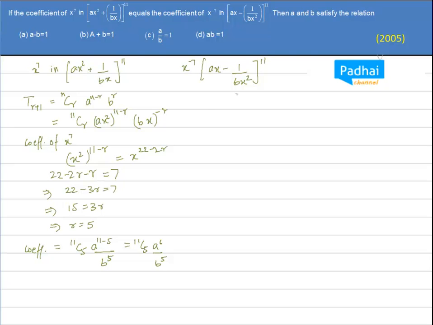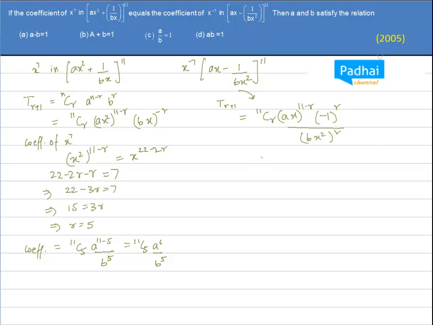Now the same step has to be done in this case. So what will be the (r+1)th term? The (r+1)th term in this case will be 11Cr (ax) raised to power 11 minus r, times (minus 1) raised to power r, upon (bx square) raised to power r.